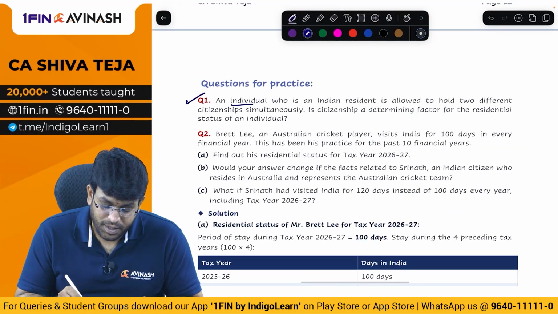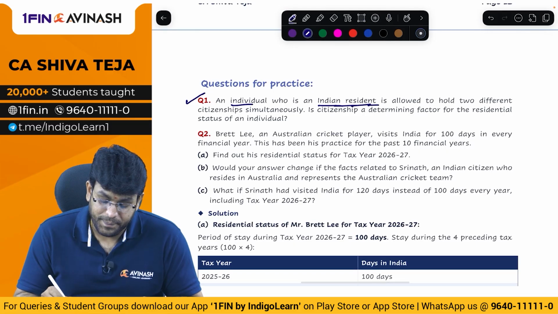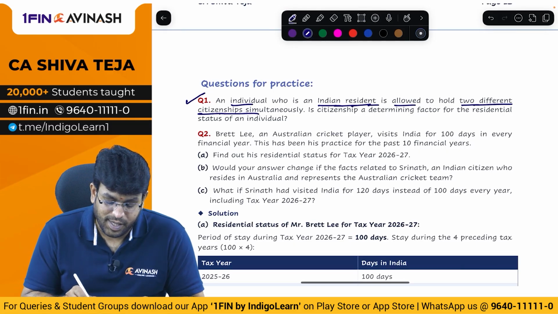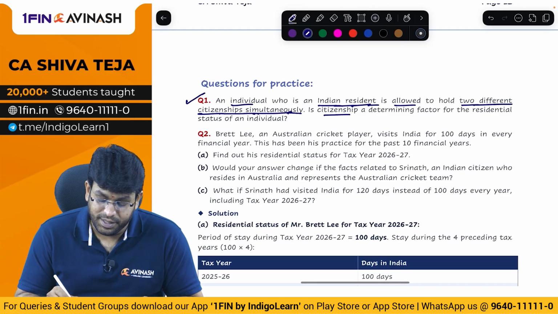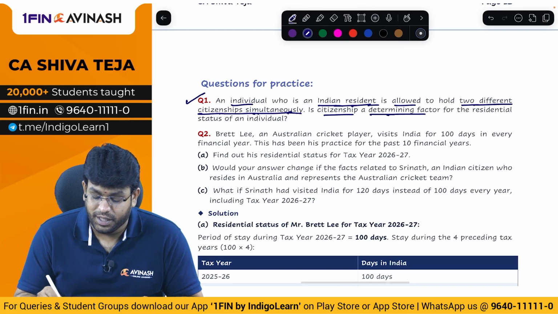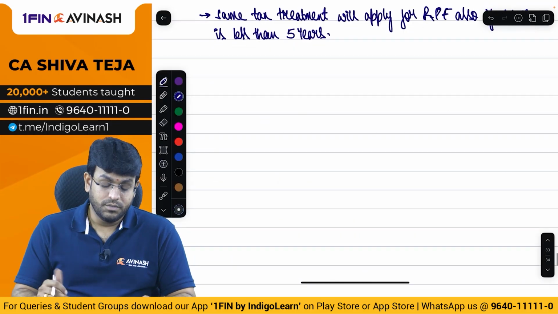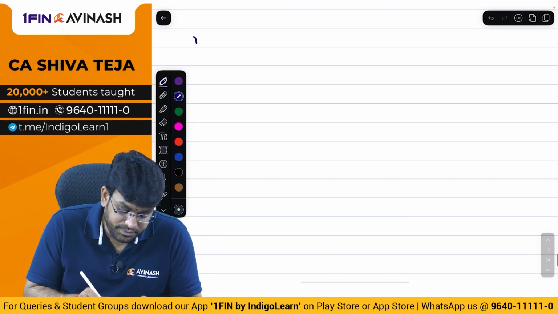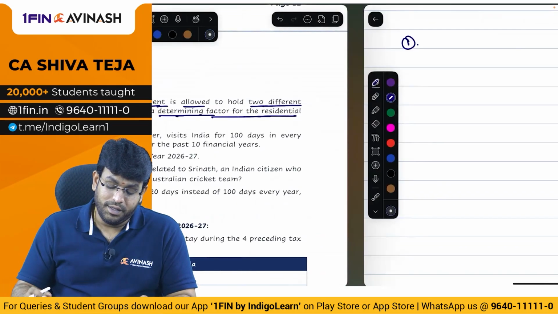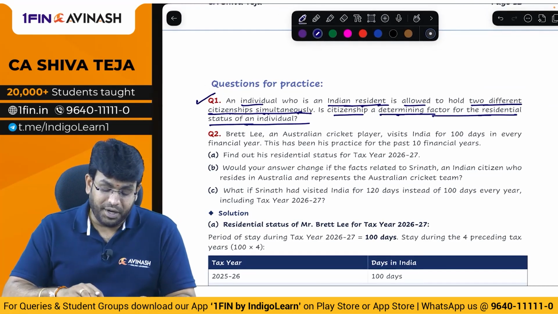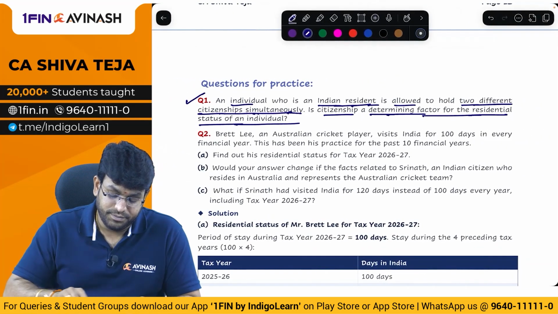See here, first question. An individual who is an Indian resident is allowed to hold two different citizenships simultaneously. Is citizenship a determining factor for residential status of an individual? Come on. What is the answer, my dear friends? What is it that they have asked? They have asked very clearly, is citizenship a determining factor for residential status?